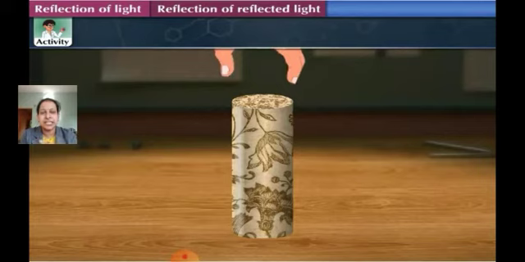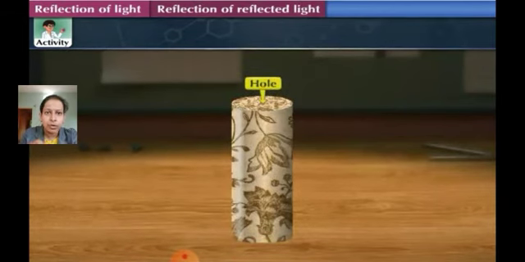Fix it with the help of gum or tape, and then make a small hole so that through that hole you can view through the kaleidoscope. This is the side on which the viewer will be viewing through the kaleidoscope.